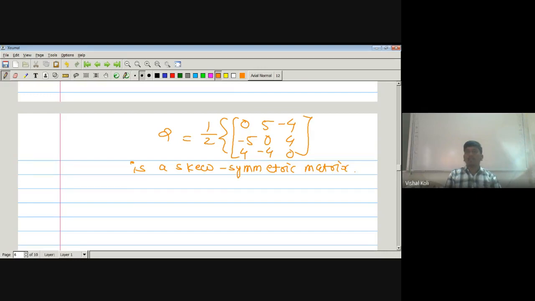Now we have to express our given matrix A as a sum of a symmetric and a skew symmetric matrix.